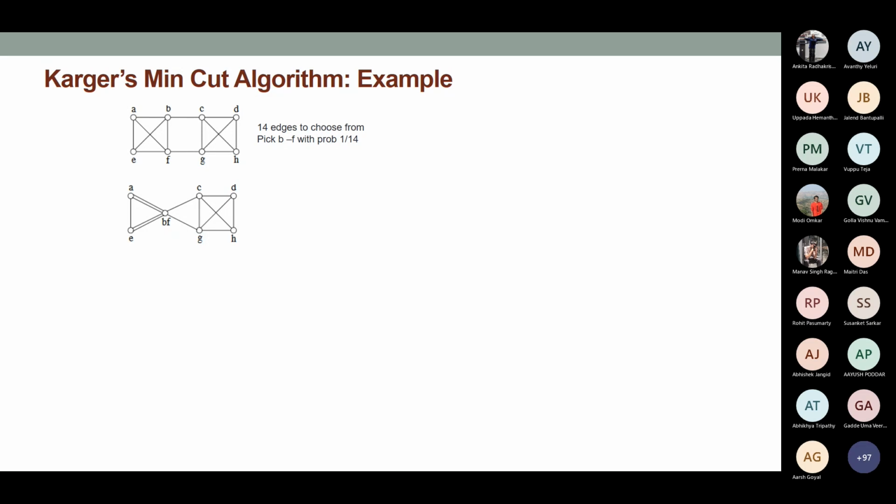Now, let me just ask you another question. What is the probability that the edge EBF will be picked? 1 by 11.